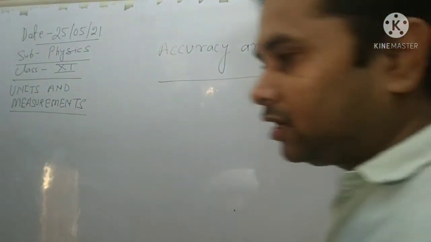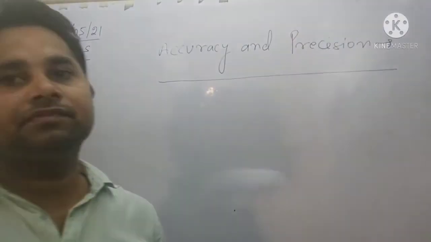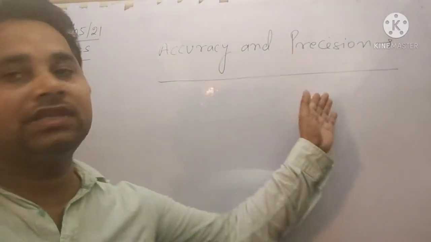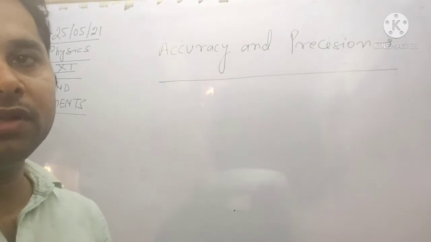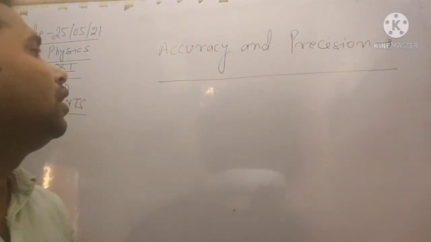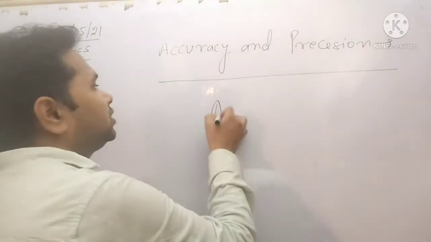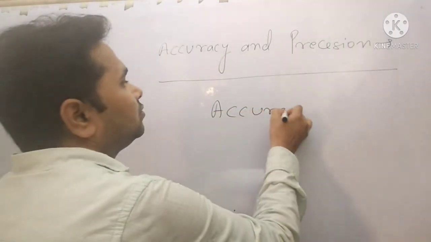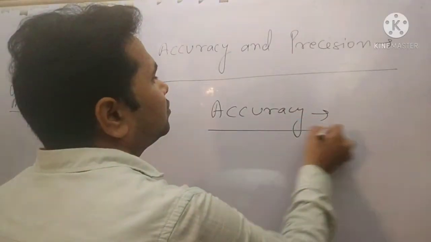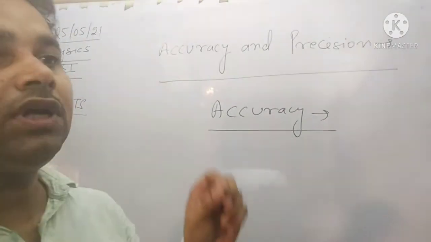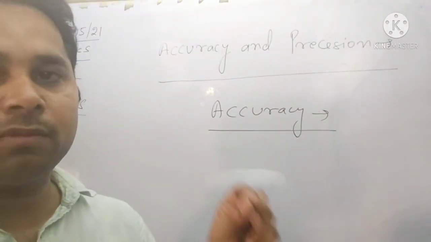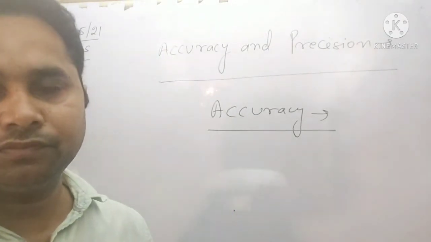Now let's check the difference between these two terms, accuracy and precision in measurement. So let's take the first, accuracy. Students, accuracy refers to the closeness of the measurement to the true value.